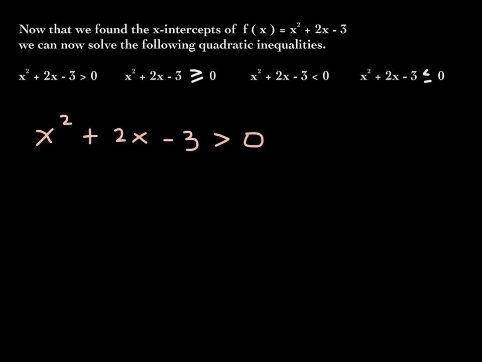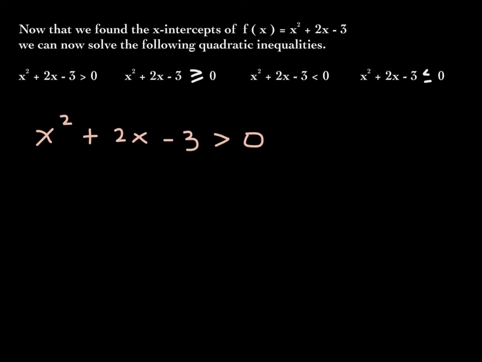The first thing I would love for you to consider is what this symbol means. Strictly greater than 0 means that you're positive. If you're something that's greater than 0, then that means you're positive. And in the x and y coordinate plane, in order to be positive, you must be above the x-axis.